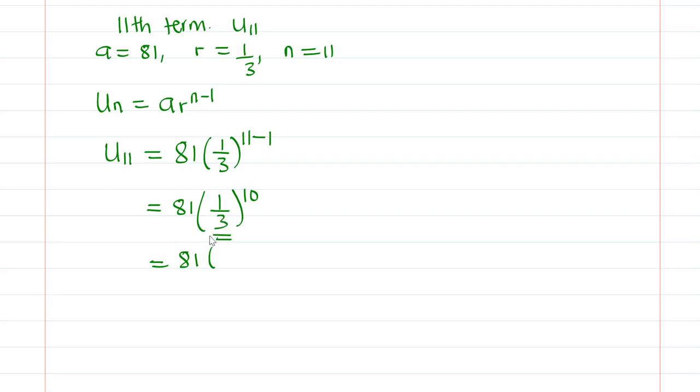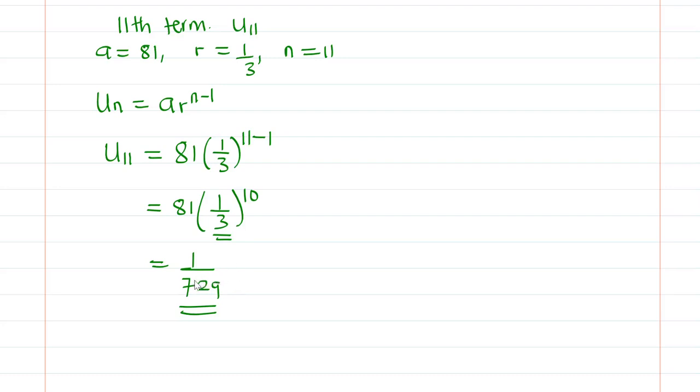Then you press raise to power on your calculator. Then you press 10. I'm getting a very, very long number, very small. So I'm not going to write that, but I will multiply it by 81 straight away. And I'm getting a really very small number, which in fractions is 1 out of 729.